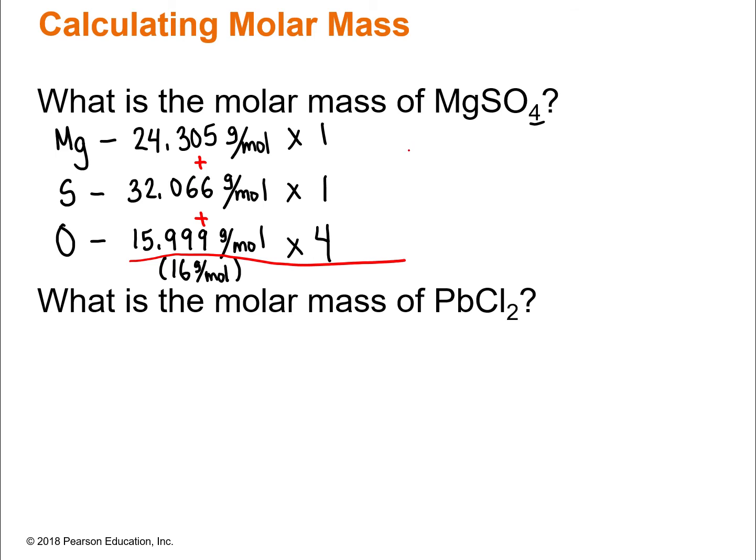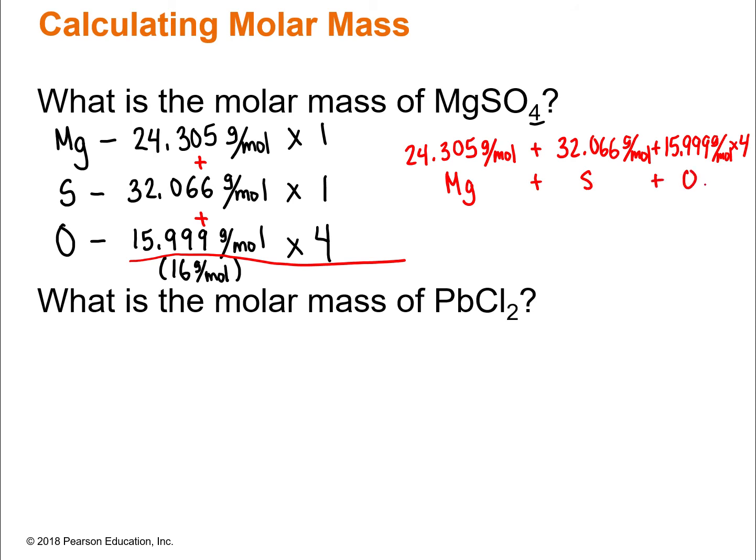So to write it out completely, that's the magnesium plus the sulfur plus the 4 oxygens.